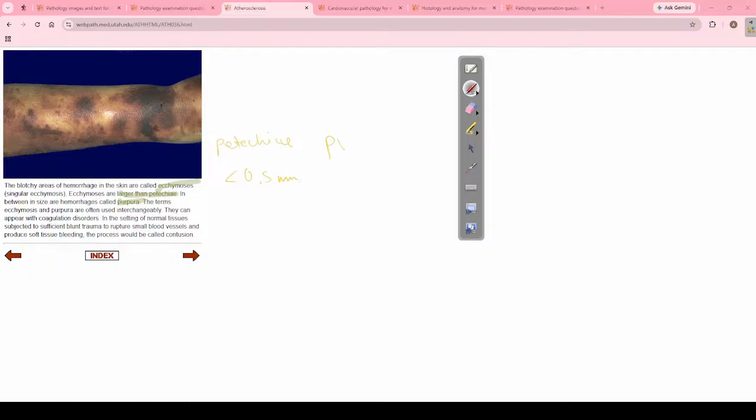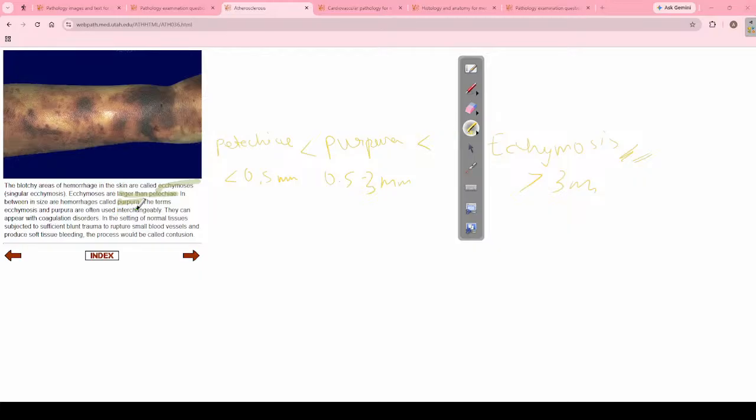Then you have purpura, which are about 0.5 to 2 or maybe 3 mm. These are smaller than ecchymosis, which are more than 3 mm. Actually, I think it's centimeter.